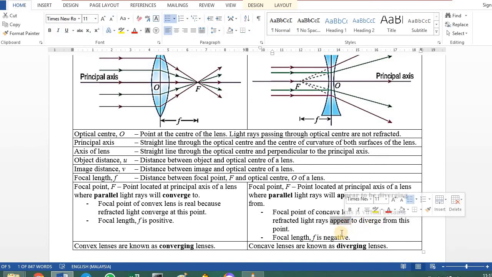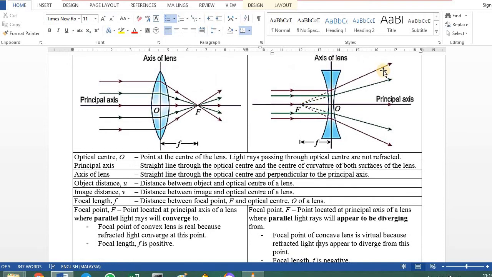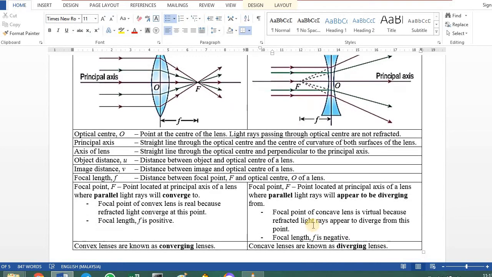It only appears to diverge, which means it does not actually diverge from this point. The light only looks like it comes from this point, but doesn't actually come from it. So because it is not real, the focal point for a concave lens is virtual, and the focal length is negative.